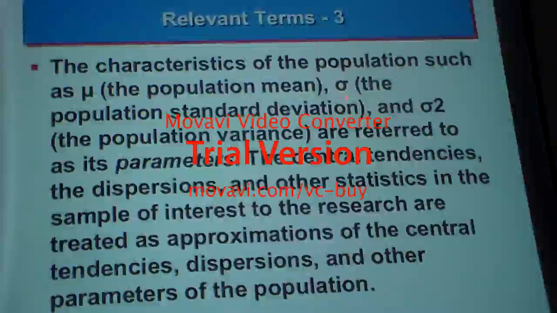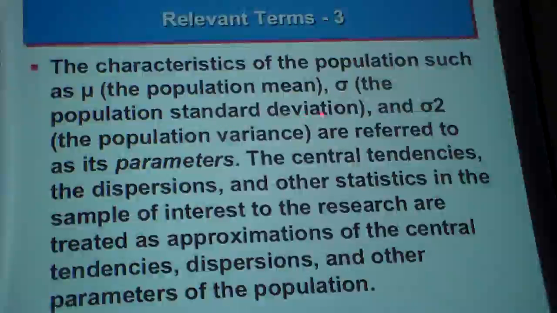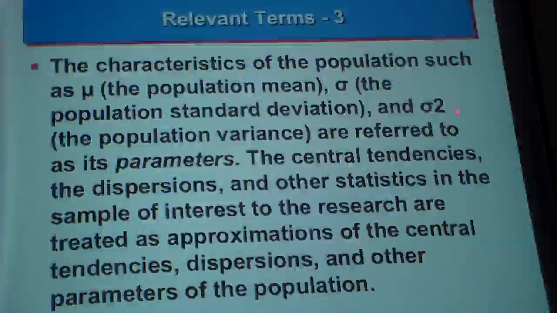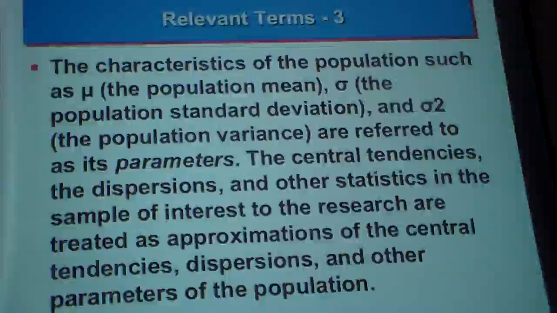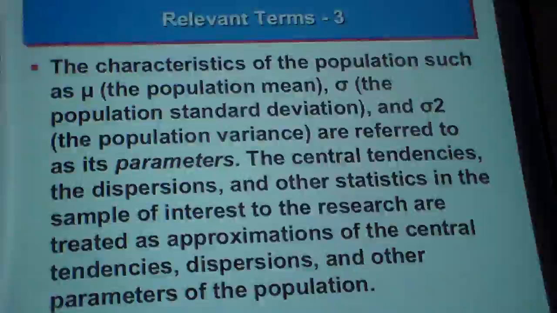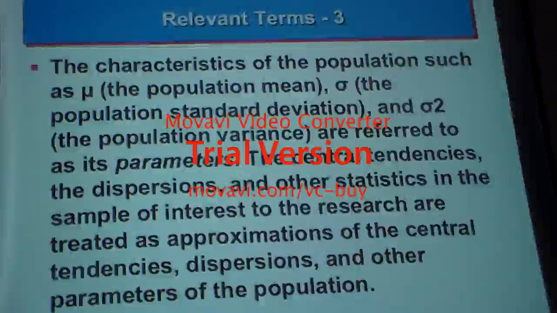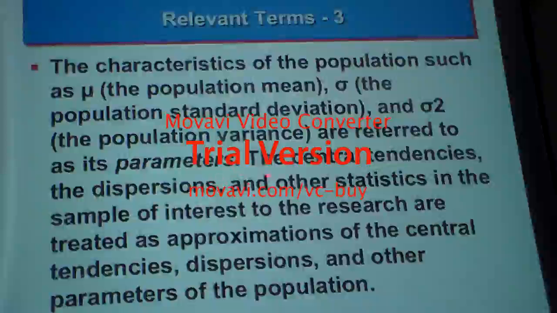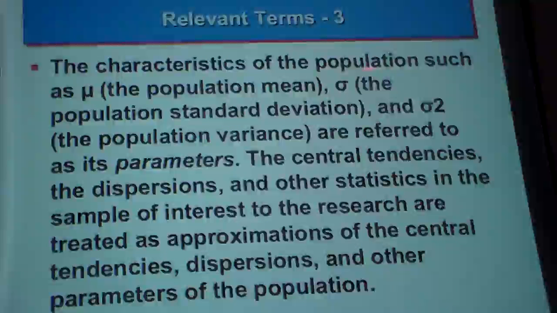Population mean. And sigma is called the population standard deviation. And sigma square is the population variance. These are referred to as its parameters. So these are the parameters of the population.